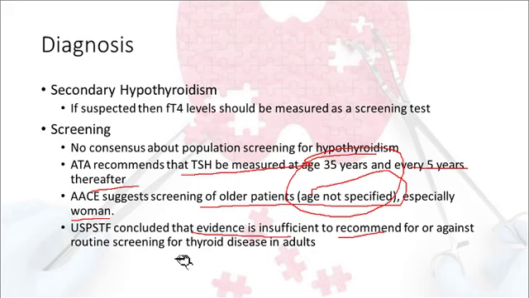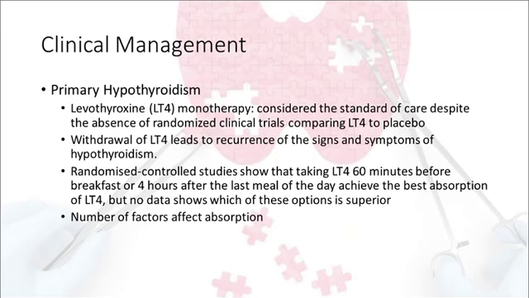Also infertility and repeated miscarriages, growth retardation, and delayed puberty. Others are pregnant women with risk factors, those with genetic syndromes such as Down syndrome or Turner syndrome, hyperprolactinemia, dyslipidemia, heart failure, chronic constipation, dementia, and patients who are obese, where hypothyroidism may be the reason why they are unable to lose weight.